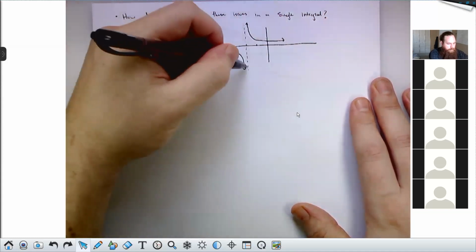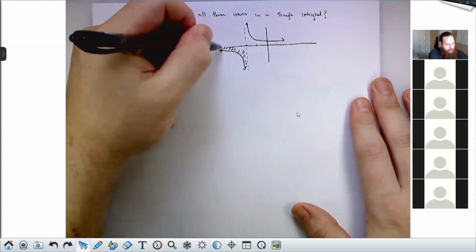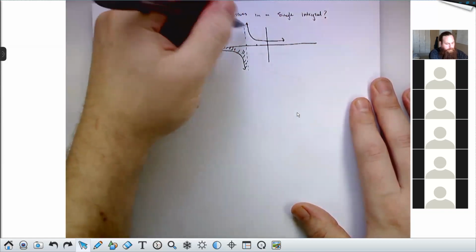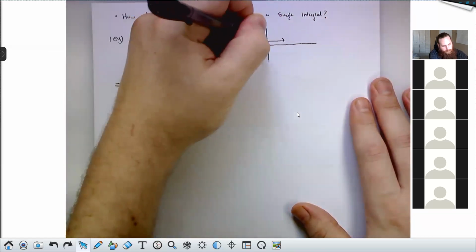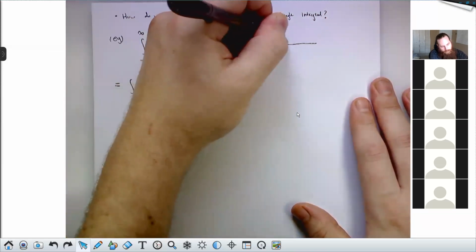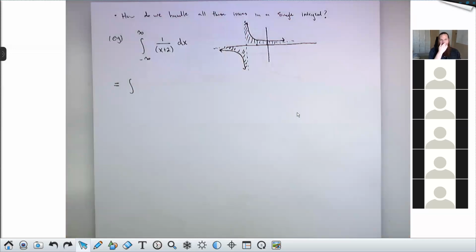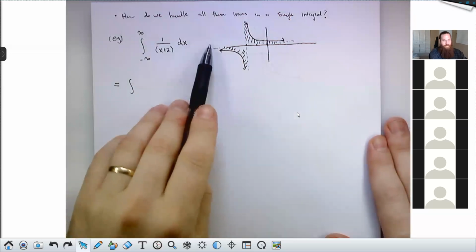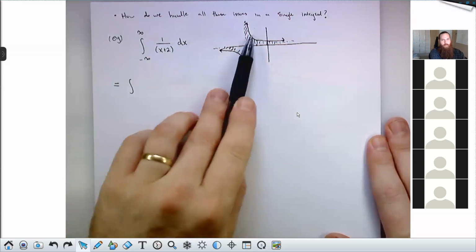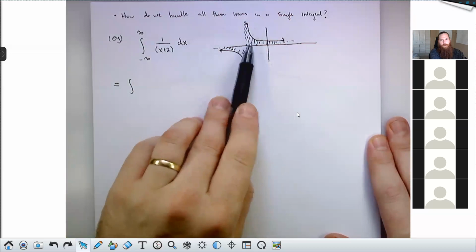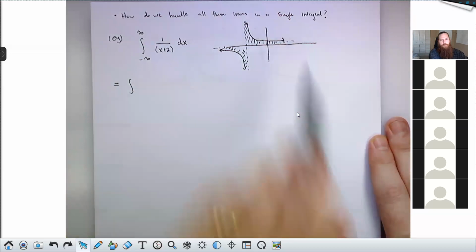And I want to integrate from -infinity up to -2, then from -2 all the way out to infinity. So there's kind of four problems. There's the problem at -infinity, the problem at -2 approached from the left, the problem at -2 approached from the right, and the problem at positive infinity.